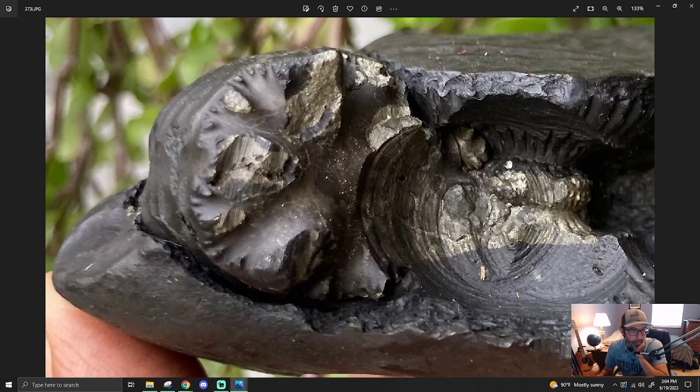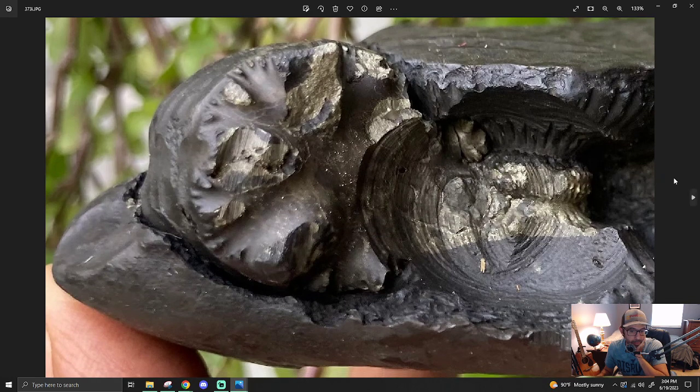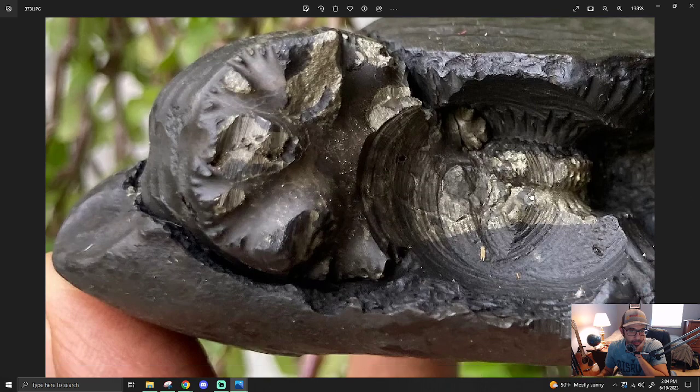Incredible. Those look like the features going up the ramp.